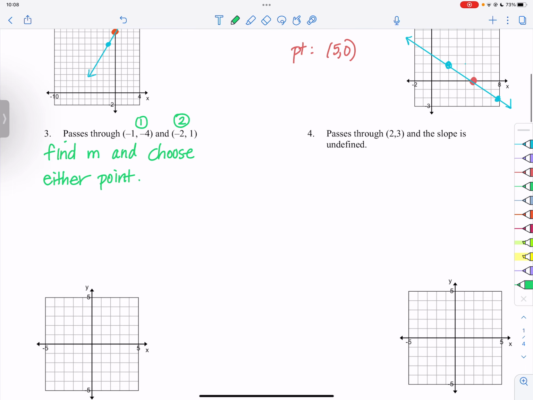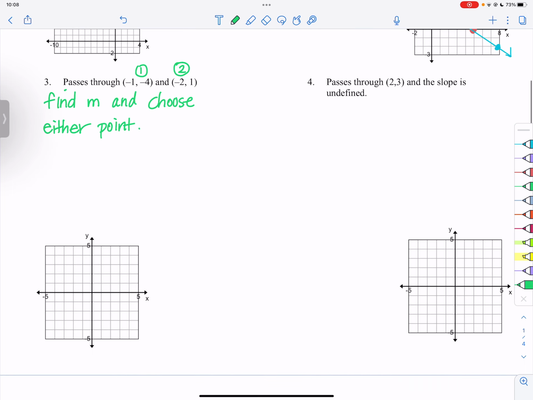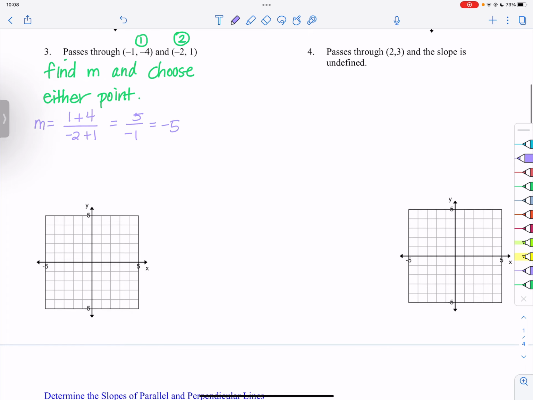So let's start with the slope. The slope is 1 minus negative 4 divided by negative 2 minus negative 1. And that gives us 5 over negative 1. So we have a slope of negative 5.